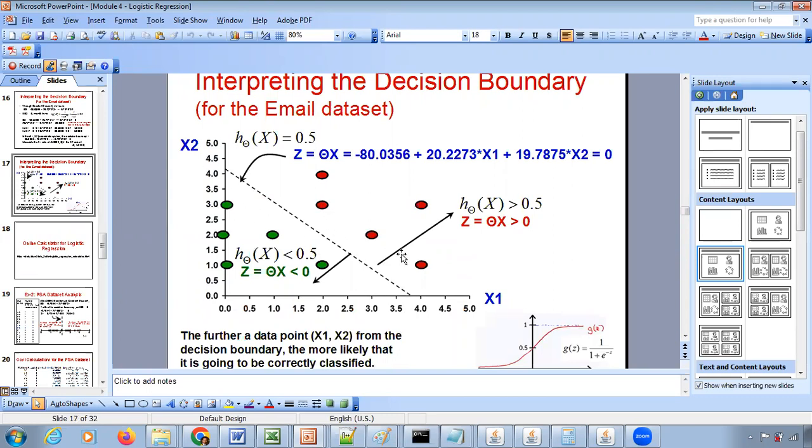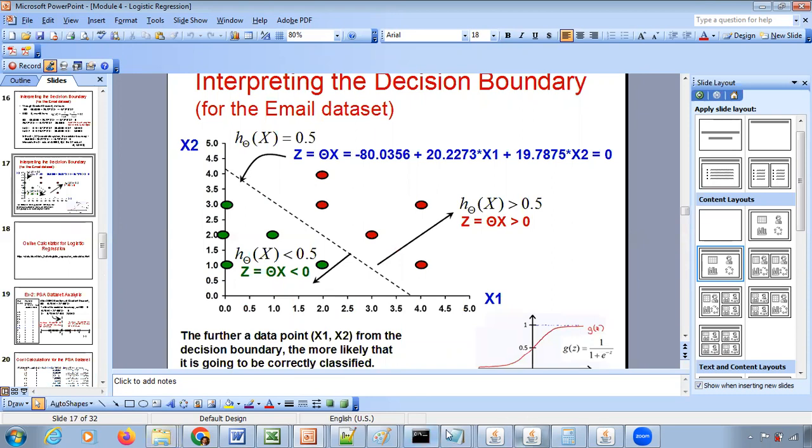The ones closer to the decision boundary are going to have a smaller theta x value, and the ones further away are going to have a very large theta x value. Likewise, the green data points are closer, so they're going to have a larger theta x value, like negative 16, because they're closer. If you go farther away from the decision boundary, like negative 30 and so on, they're going to have a smaller theta x value, considering the sign.